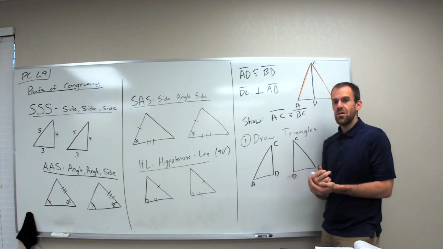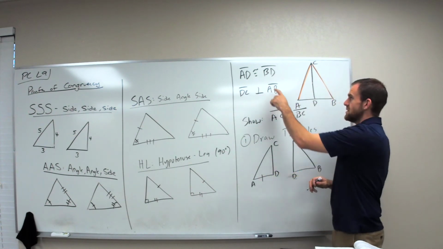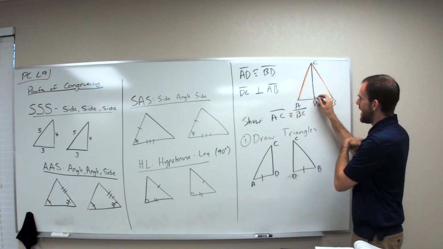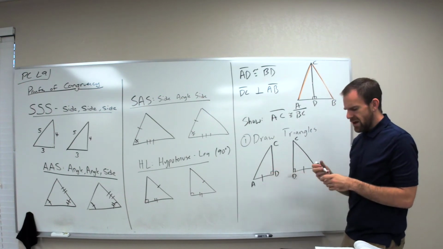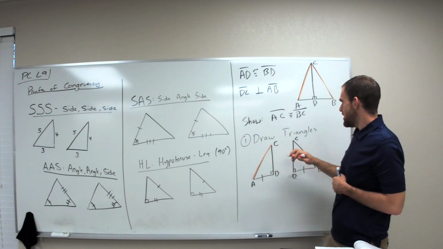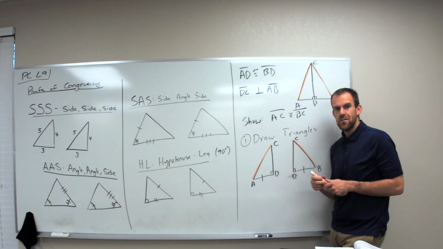Now, we're going to write in what we know. We know that AD is congruent to BD. We know that this is perpendicular to that, so these must be right angles. And we are proving that AC is the same as BC, so I can't use that as part of my postulate.